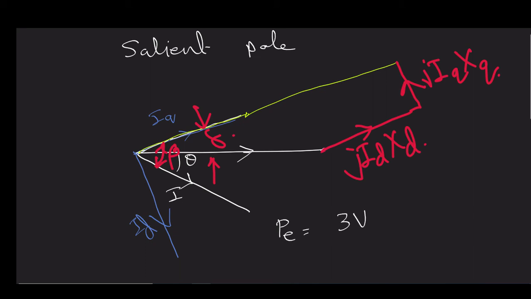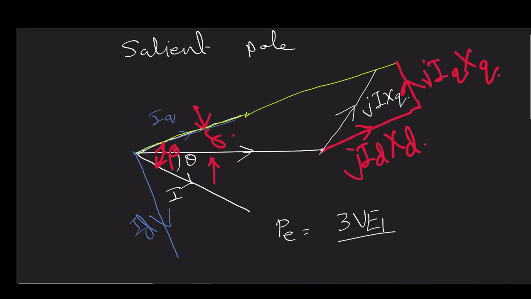Now here, instead of E, what we can have is that we have already seen it, that we'll have JIXQ. So it is like 3VE1.